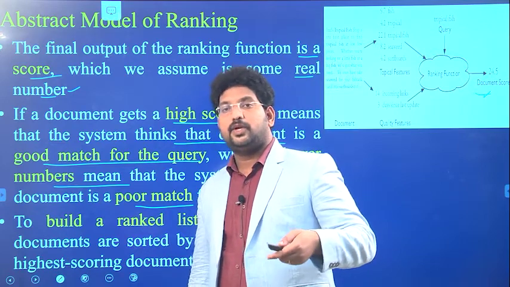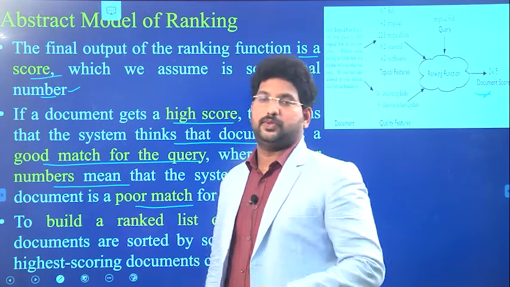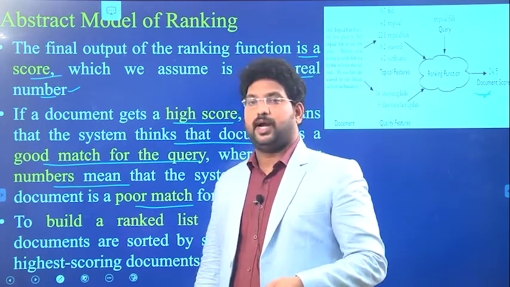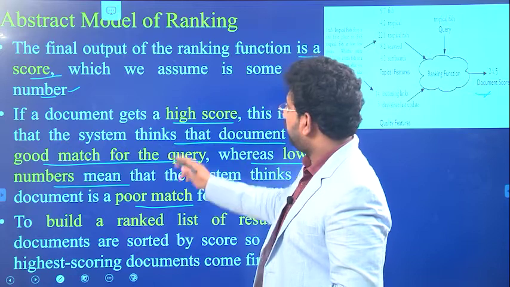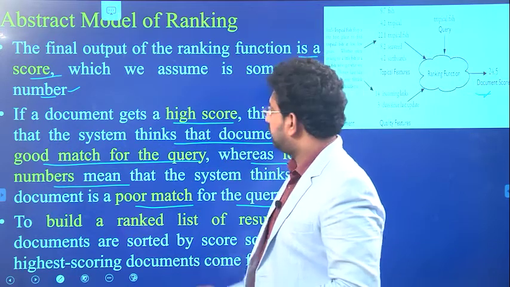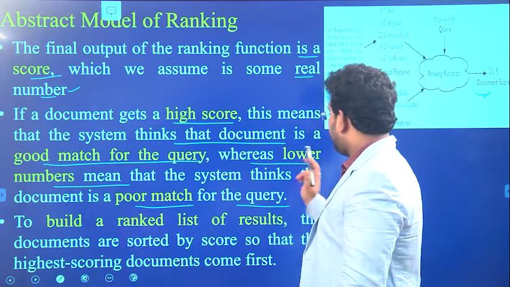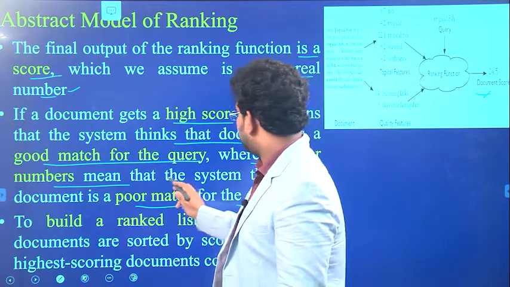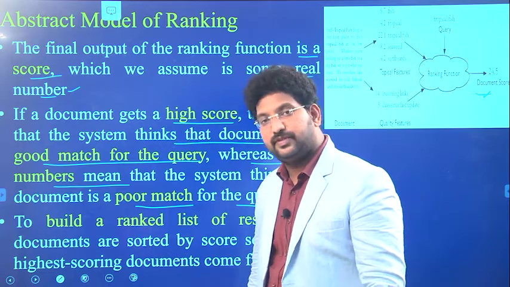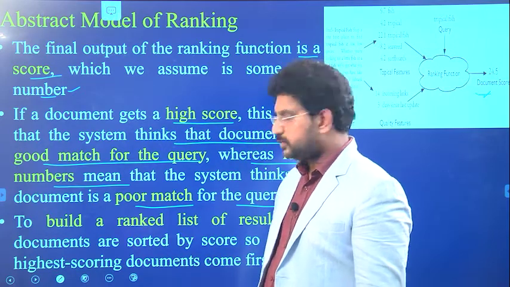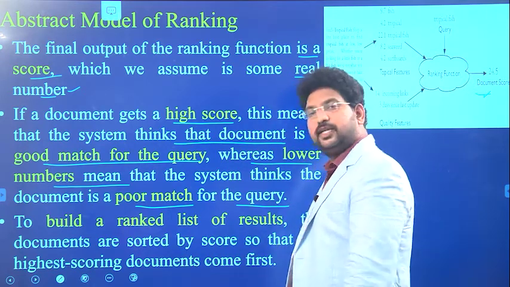The documents with higher scores are displayed on top of the ranked list, because a high score means the system thinks the document is a good match for the query, and a lower number means it is a poor match.